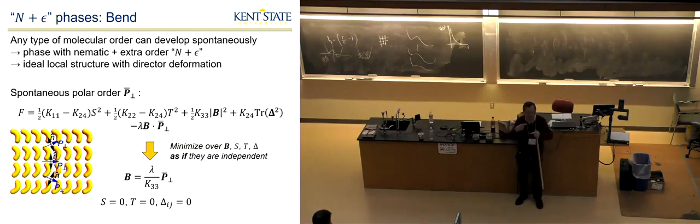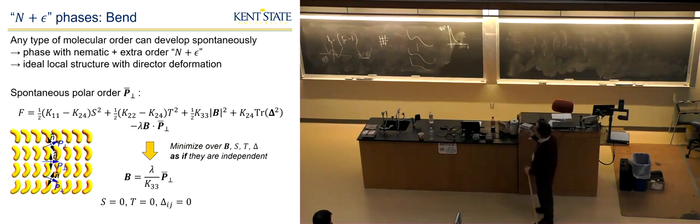Physical effects generally go both ways, right? If a bend makes polar order, then polar order makes a bend, okay? And so you would get the converse flexoelectric effect happening here, okay? And so this is a little bit of a calculation trying to minimize over these modes as if they are independent, and it would predict there's an optimal bend which is proportional to this polar order, and then the optimal splay and twist and delta are all equal to 0.